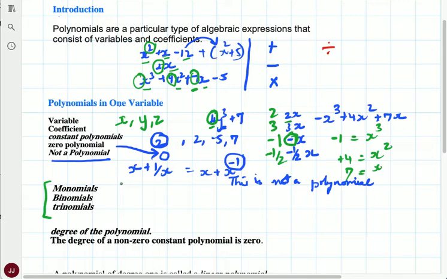We have 2x, 5x cube, minus 5x square. These are constituted of only one term, so these are called monomials.